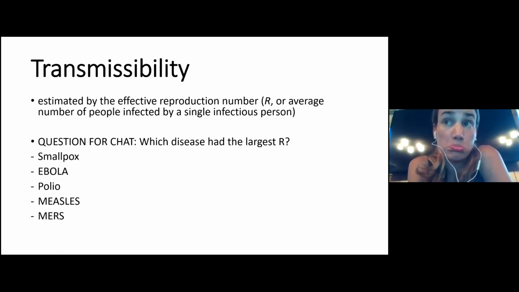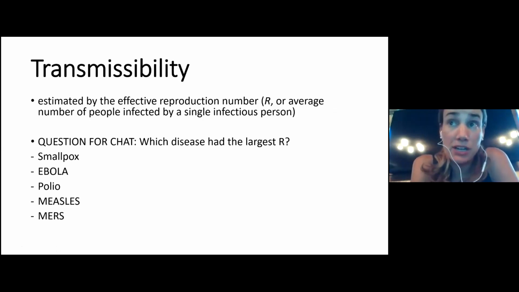Some people will comment, as epidemiologists, saying that that's not enough. We need to characterize further by talking about transmissibility, which some of you might know to be quantified by the reproduction number. So R, the average number of people infected by a single infectious person.